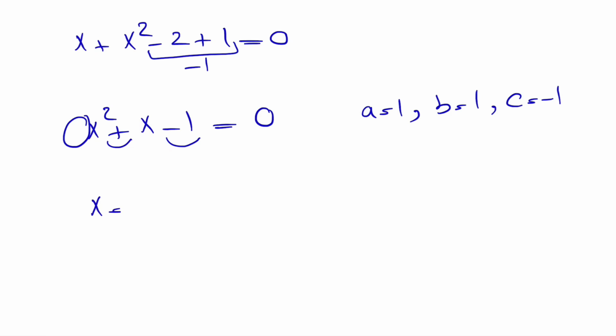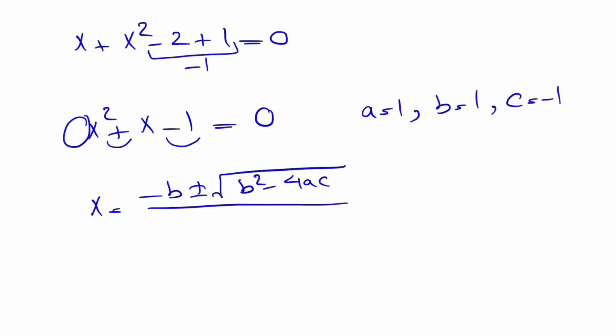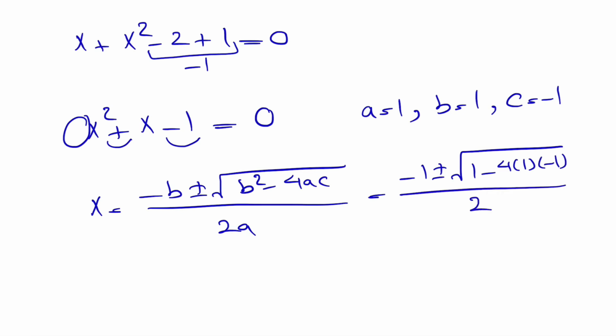So if we want to find the answer, we have minus b plus or minus the square root of b squared minus 4 times a times c, over 2a. This is going to give us minus 1 plus or minus the square root of 1 squared minus 4 times a times c, over 2.